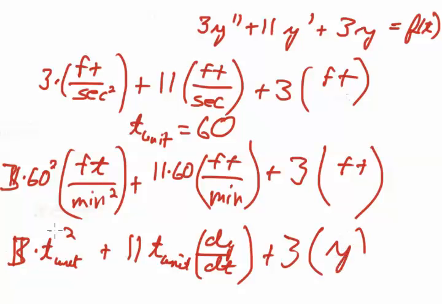Sorry, this was d squared y dt squared. But these unit times are constants. They would pop out in a similar way with the unit time and the unit time squared coming out.